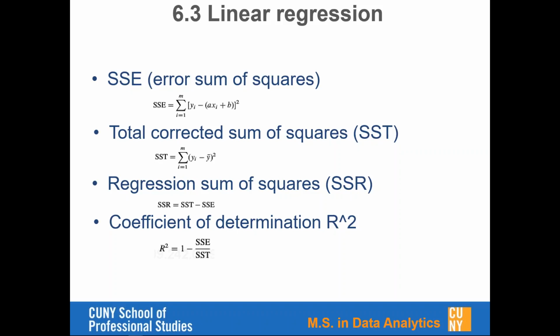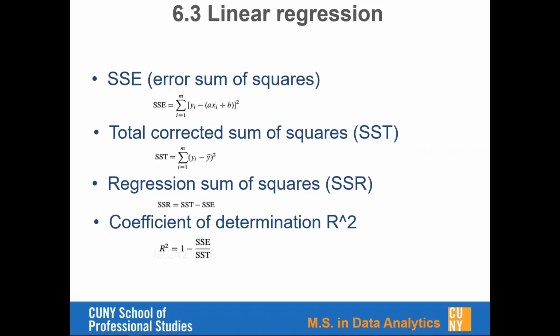And then some important aspects that we need to discuss: the sum of squares of error, which is the yi, the actual observation, minus the predicted value from your equation, squared and added up. The total corrected sum of squares is the actual value minus the average of all the observations, squared and summed up. The regression sum of squares is the total sum of squares minus the sum of squares of error.